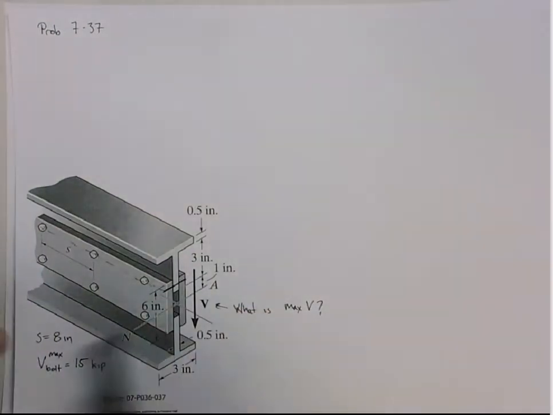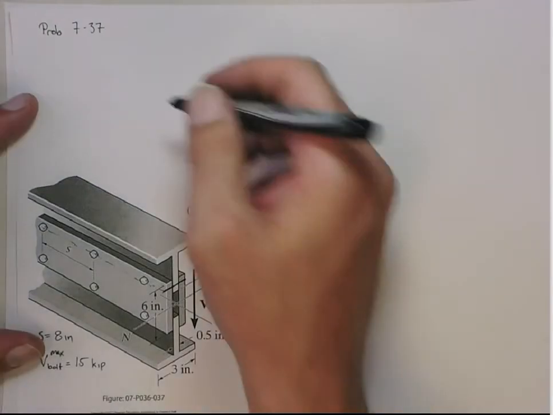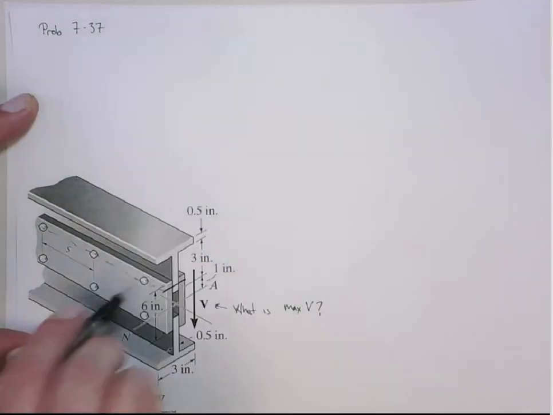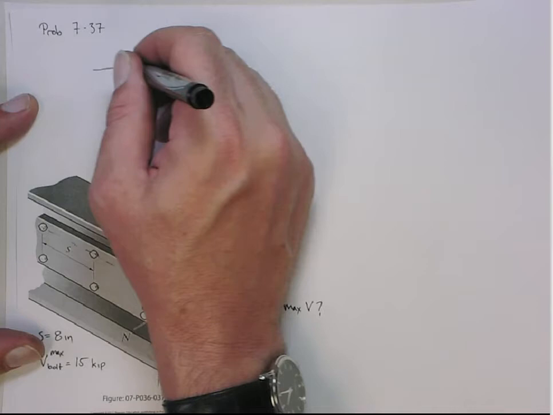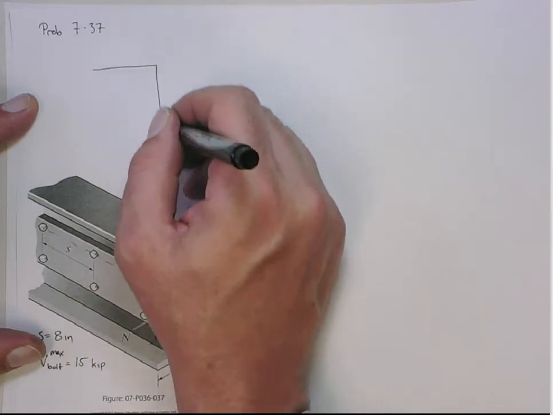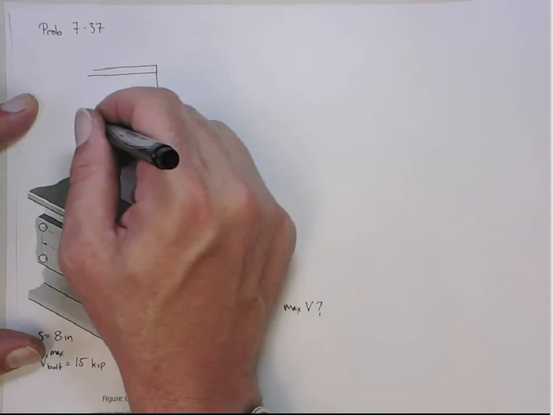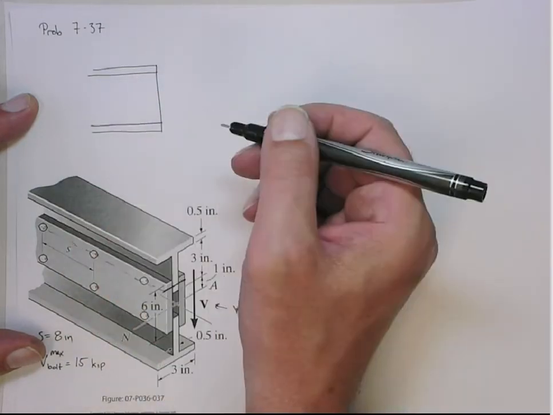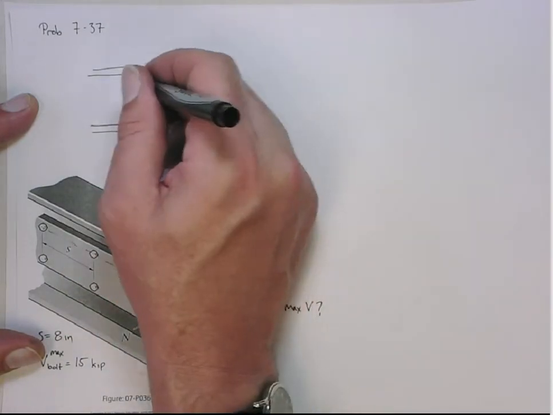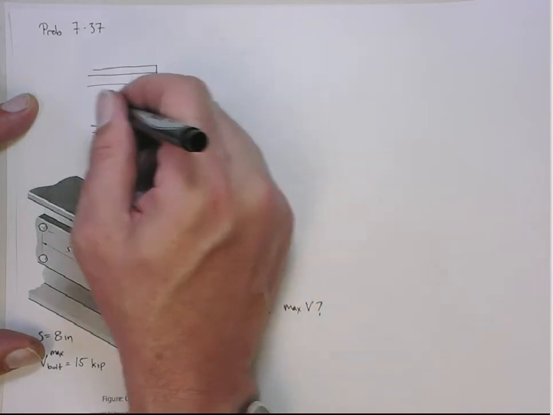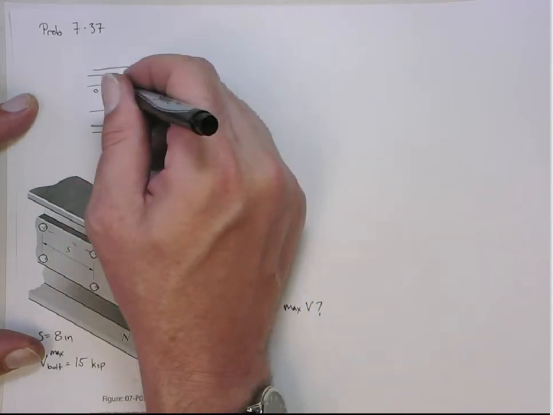But what you have to imagine is, again, let me look at the end. So here's the top and bottom flanges of the I-beam, and then here's that section where the bolts are, right?